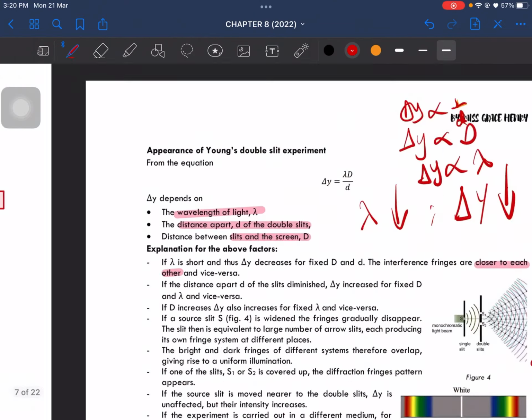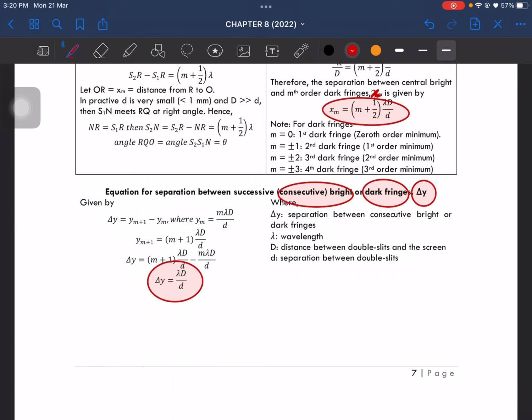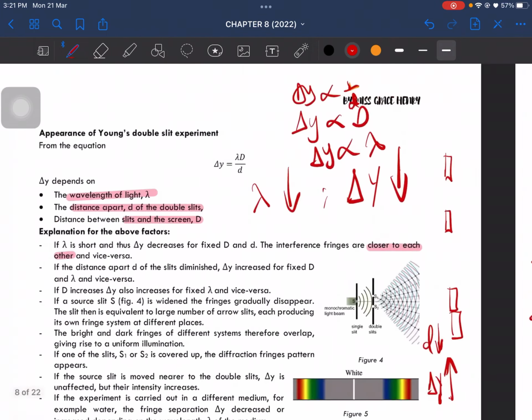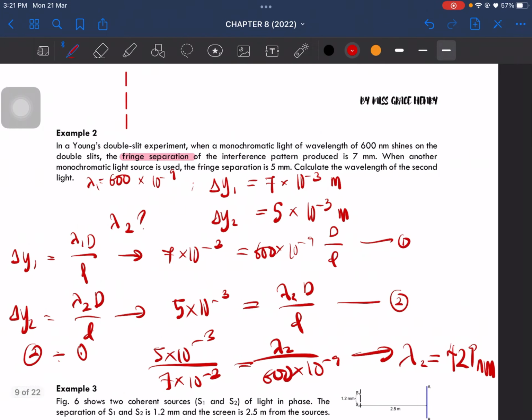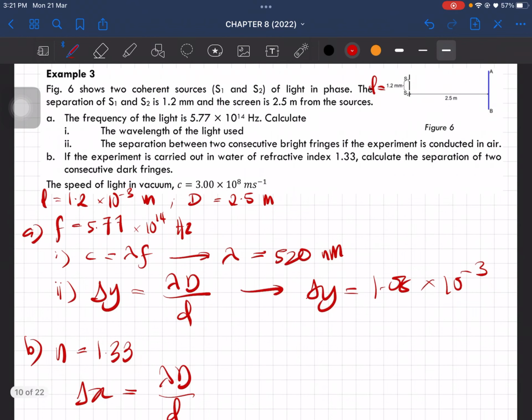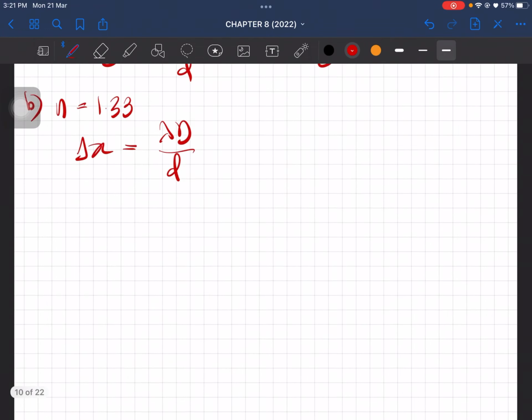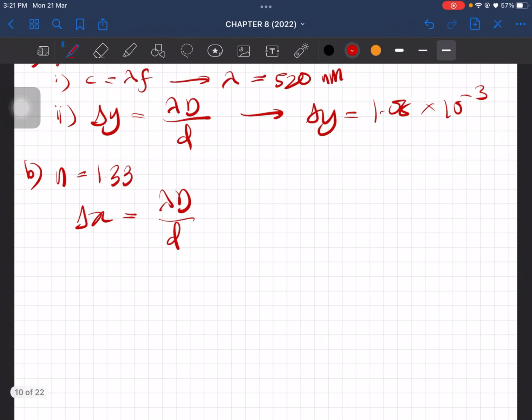Oh, I think I should add it for dark fringes too. Maybe delta x, but I think it's just going to be delta y, not delta x. I'm not sure. I'll get back to you about that one. And then we have this equation.